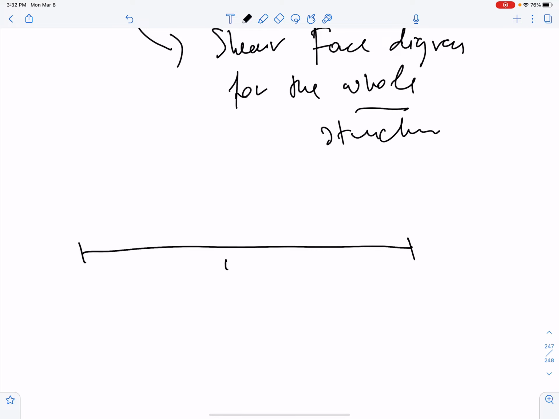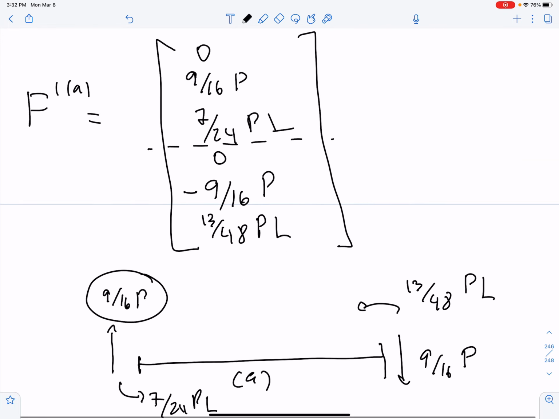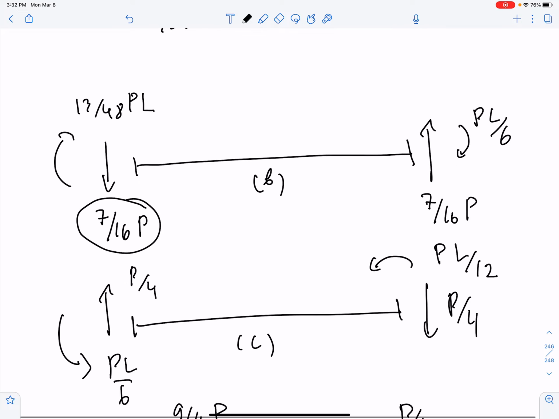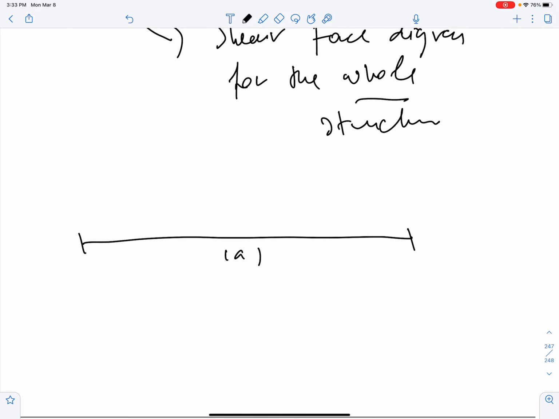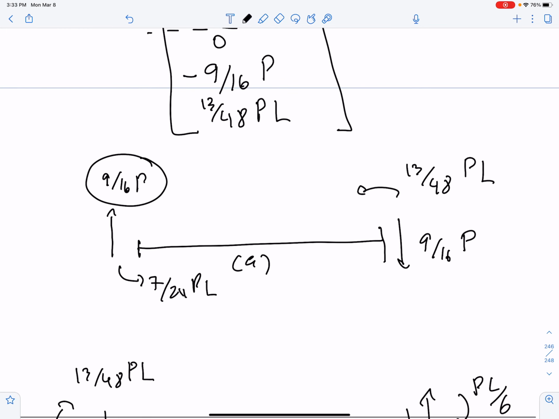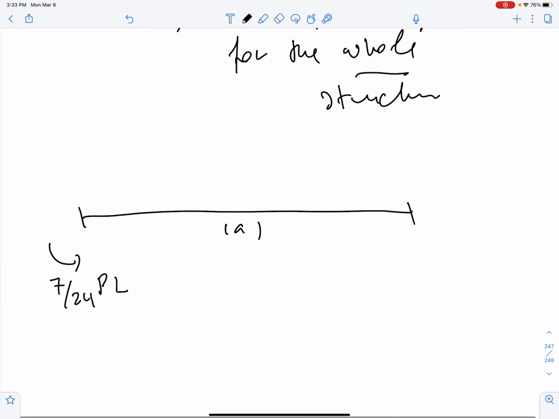Okay, element A, right? We have a moment clockwise of 7 over 24 PL acting here, right? And we have another moment acting, sorry, counterclockwise of 13 over 48 PL. So both moments are counterclockwise.